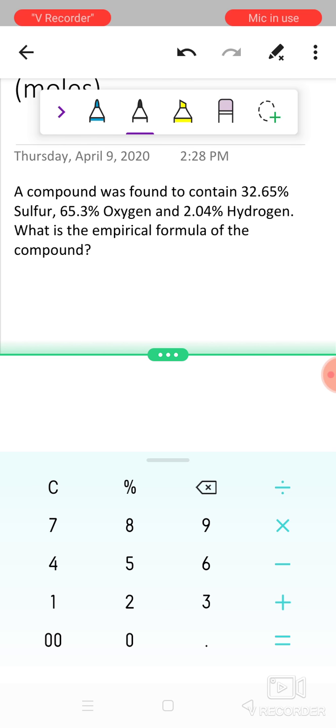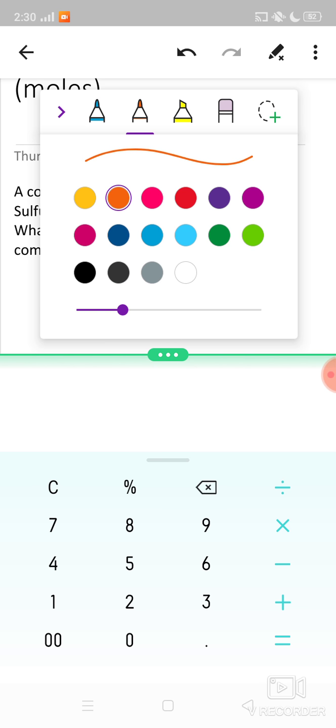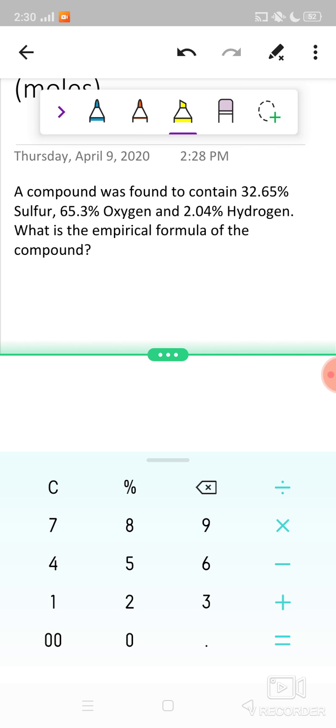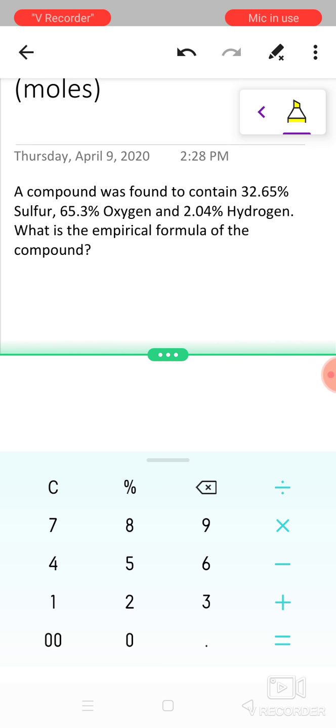First of all, we need to mark out the data from it, so we're going to highlight the important things: 32.65% of sulfur, 65.3% of oxygen, and 2.04% of hydrogen. These are the very important key points that we have to follow while going through this question.